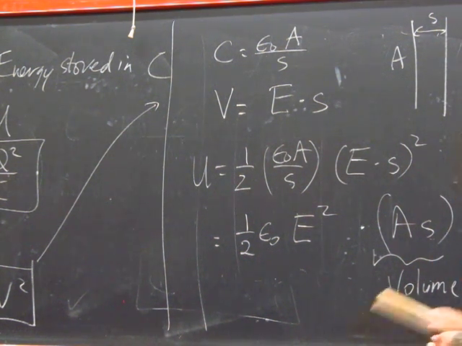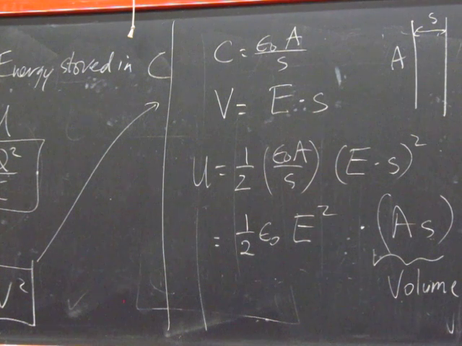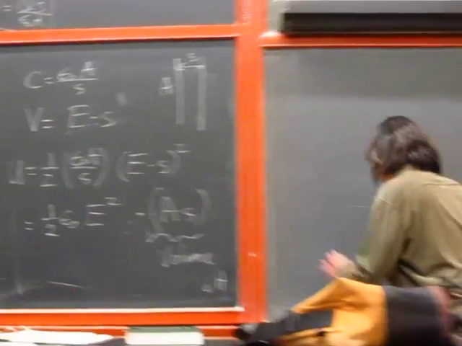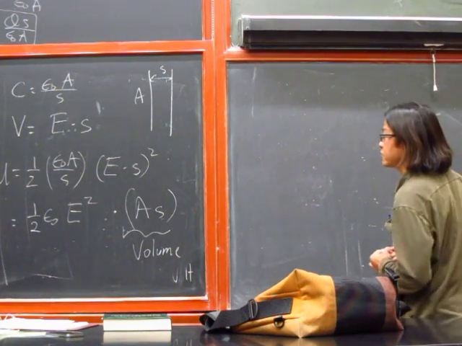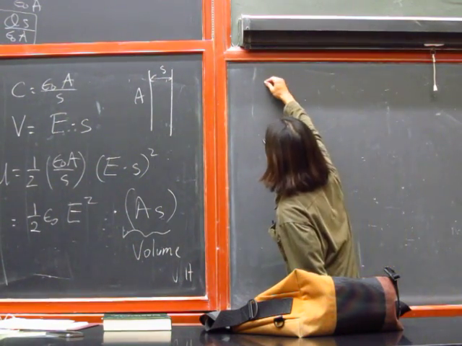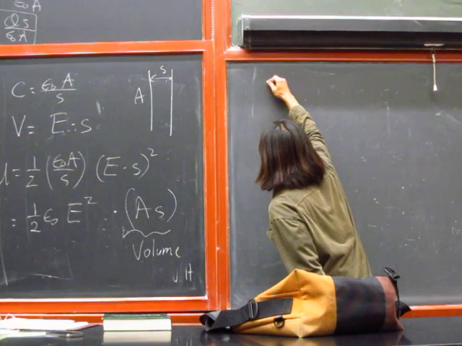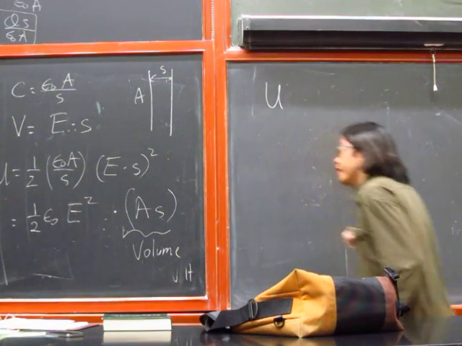So this is in agreement. You have to make sure that everything makes sense and is in agreement with everything you learned so far in electrostatics. Remember, we have a different way of accounting for the energy.